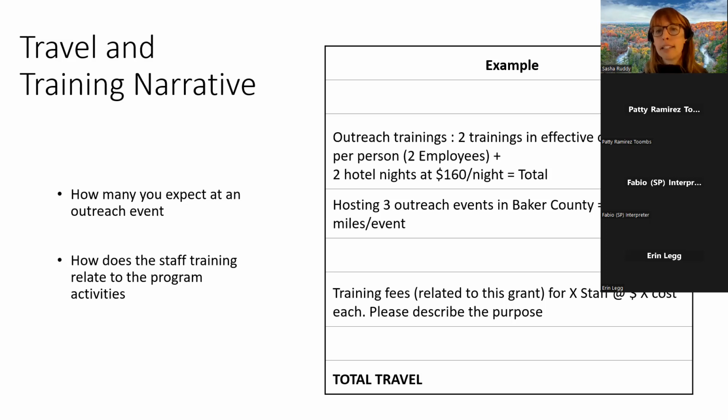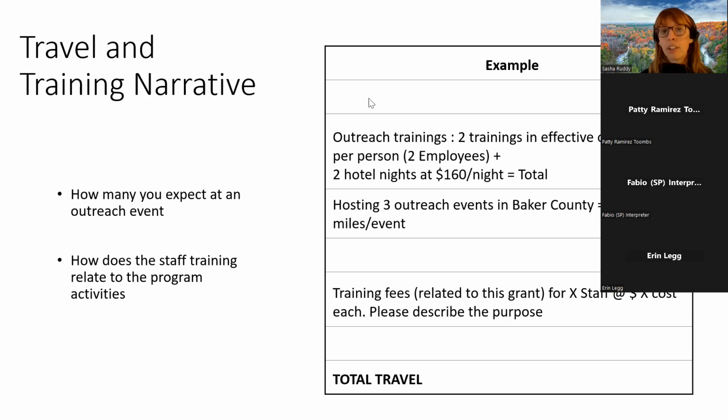And the last one that's separated, down at the bottom, is training fees. So training fees, as it relates to this grant, because we want you to have training opportunities to build capacity and knowledge, but we also need to know how it applies to your goals. So it needs to be tied back to the work plan.